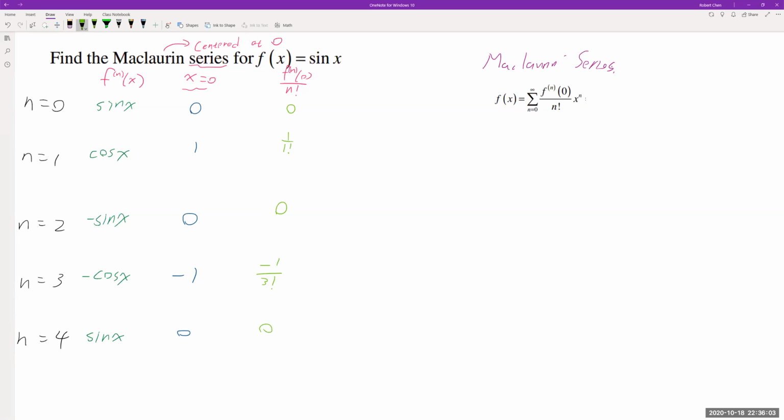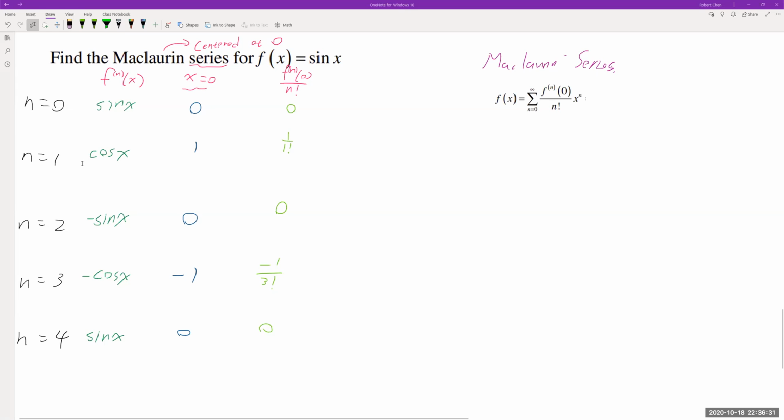We don't have that many terms to work with, but notice that when n is even, everything is 0, because those derivatives are sines, meaning we get 0 for that term.